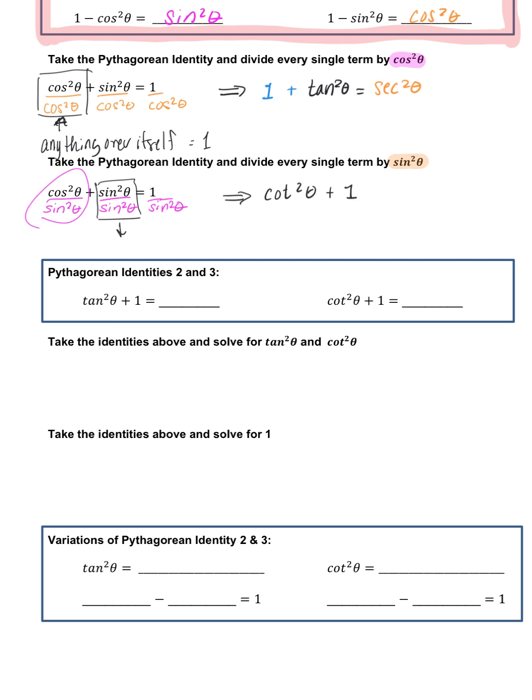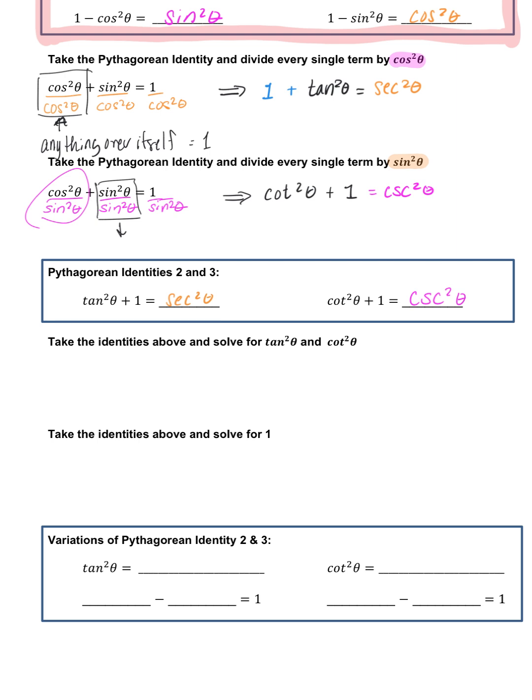And then 1 over sine squared theta is cosecant squared theta. So now if you notice, we created 2 new Pythagorean identities, which are going to fill in right here. Tangent squared theta plus 1 is always going to be secant squared theta, and cotangent squared theta plus 1 equals cosecant squared theta. Okay, so now let's do the next part.